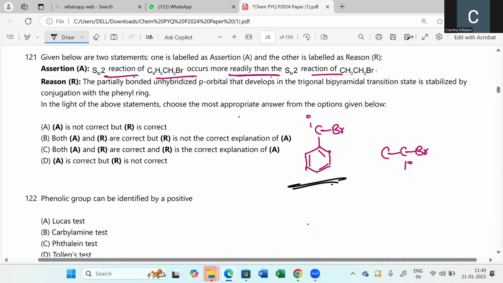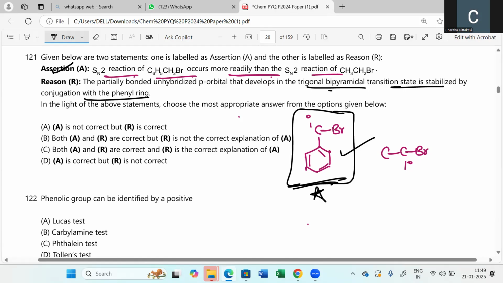This is a resonance stabilized structure, as you can see here. Okay, there is a resonance felt in the benzyl bromide, definitely. So therefore, this would be occurring more rapidly, and so the assertion is correct. Then the reason: the partially bonded unhybridized p orbital that develops in the trigonal bipyramidal transition state is stabilized by conjugation with the phenyl ring.